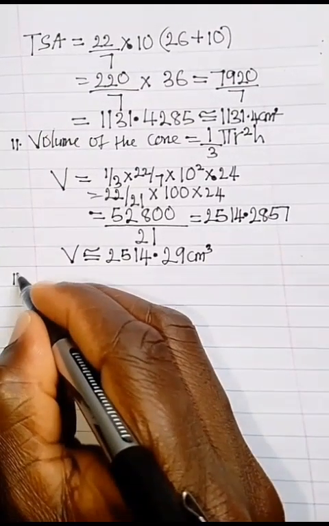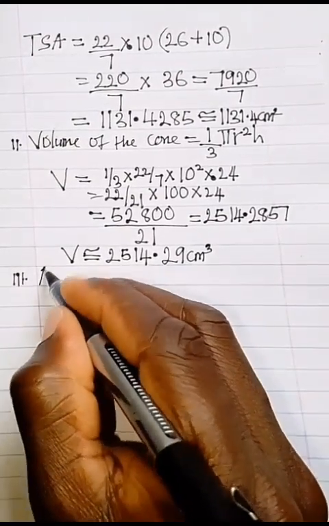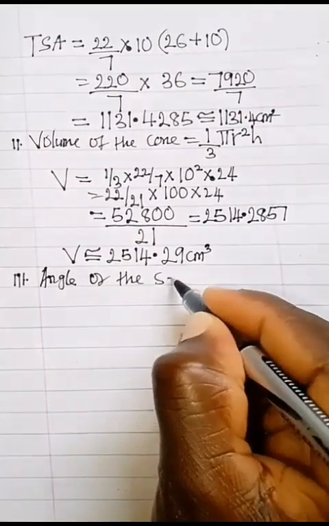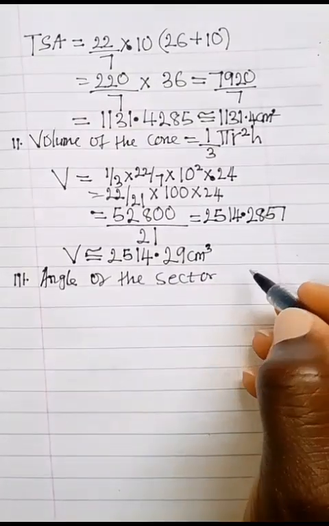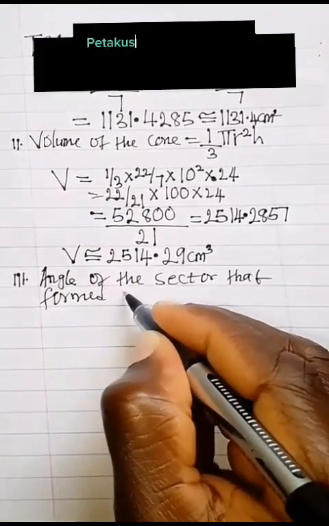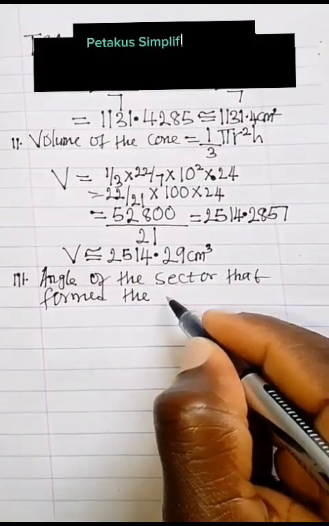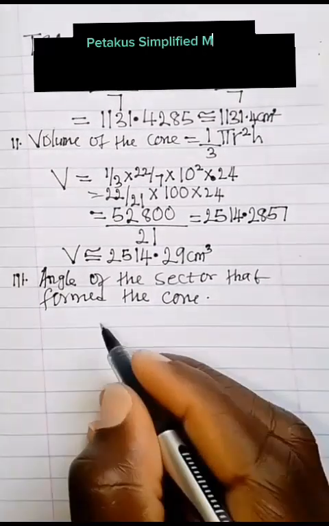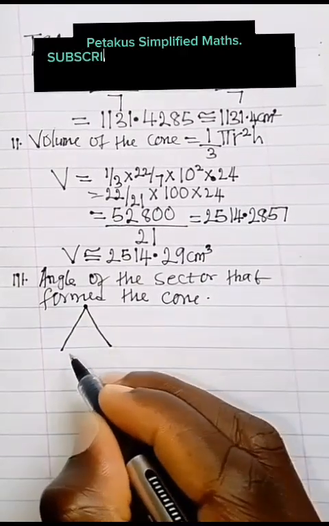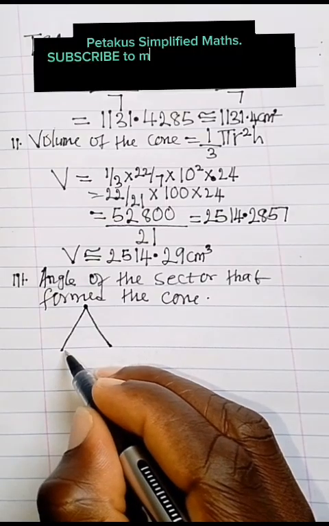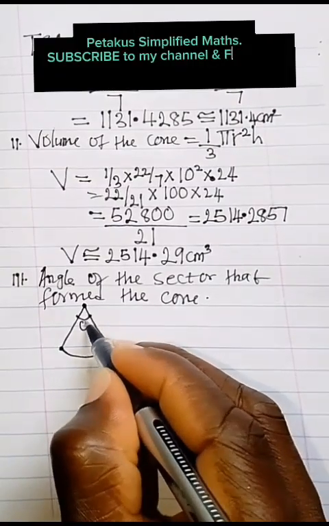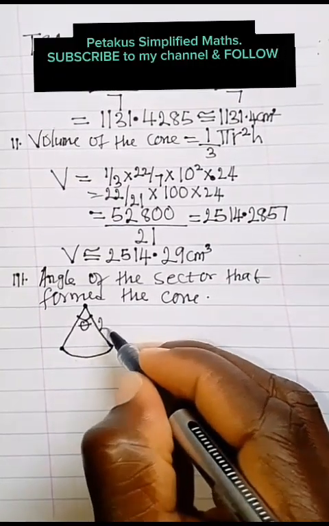Roman figure 3, the angle of the sector that formed the cone. Now let's draw the sector. So this is the angle. Now we have 26.